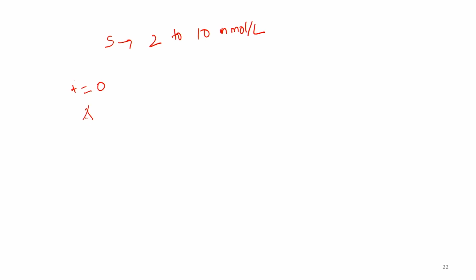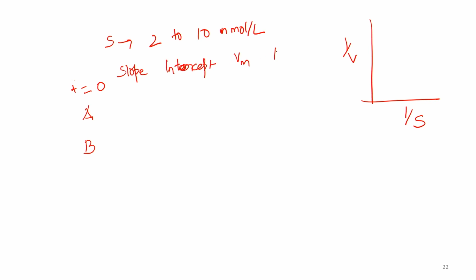In the other case A is the inhibitor, in the second case B is the inhibitor. So, we will again calculate the Lineweaver-Burk plot, 1 upon S and 1 upon V. I am going to note down the slope and intercept values, and from there we can decipher Vm and Km.